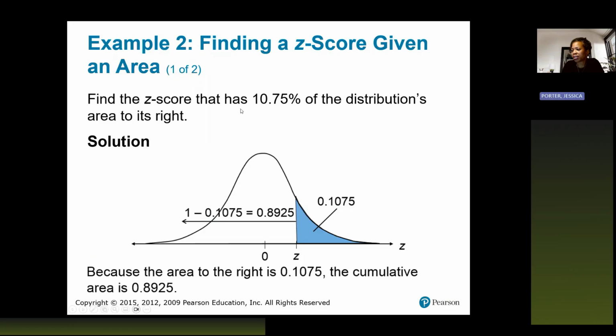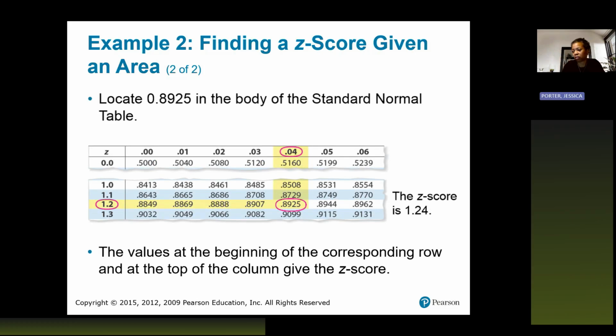Okay. Find the z-score that has 10.75% of the distribution's area to its right. Okay. Now, in the table, we're going to do 1 minus 0.1075 in order to find where that z-score is, because the table reads from left to right. So we're looking for 0.8925.